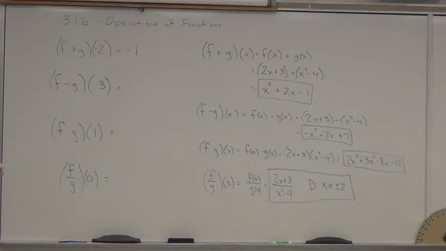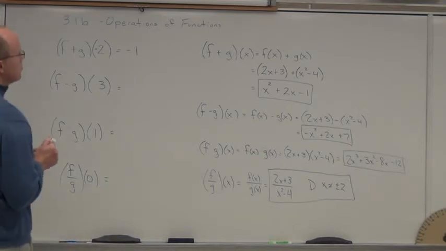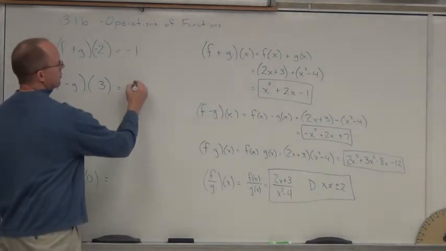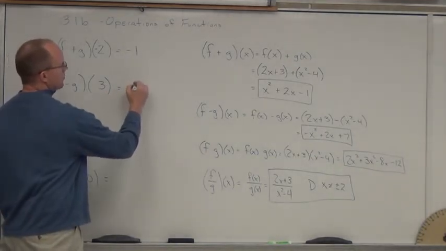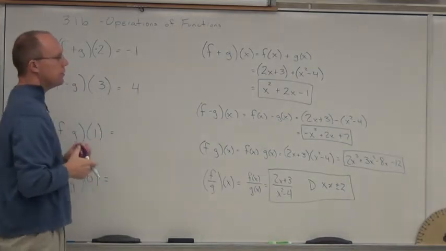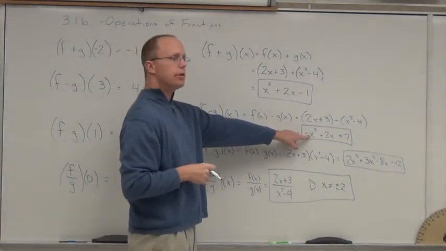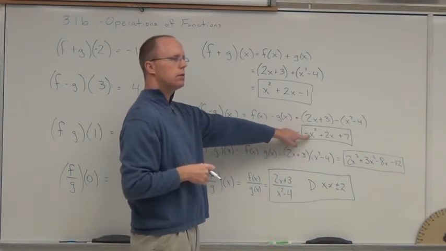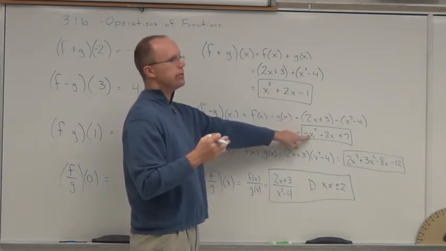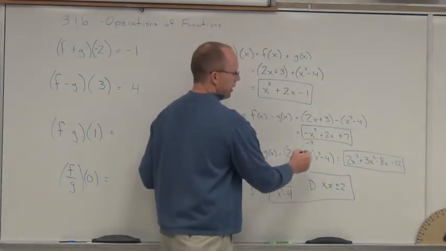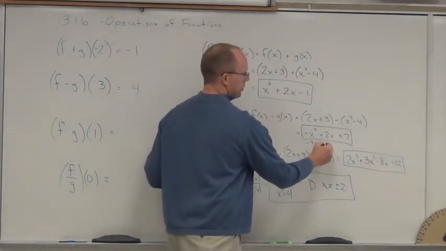What did you get for the subtraction? 4. I got negative 1, or, I got 4. You should get 4. Because again, we're doing the negative of 3 squared. Not negative 3 squared, it's the negative of 3 squared. So that would be a negative 9 plus 6.